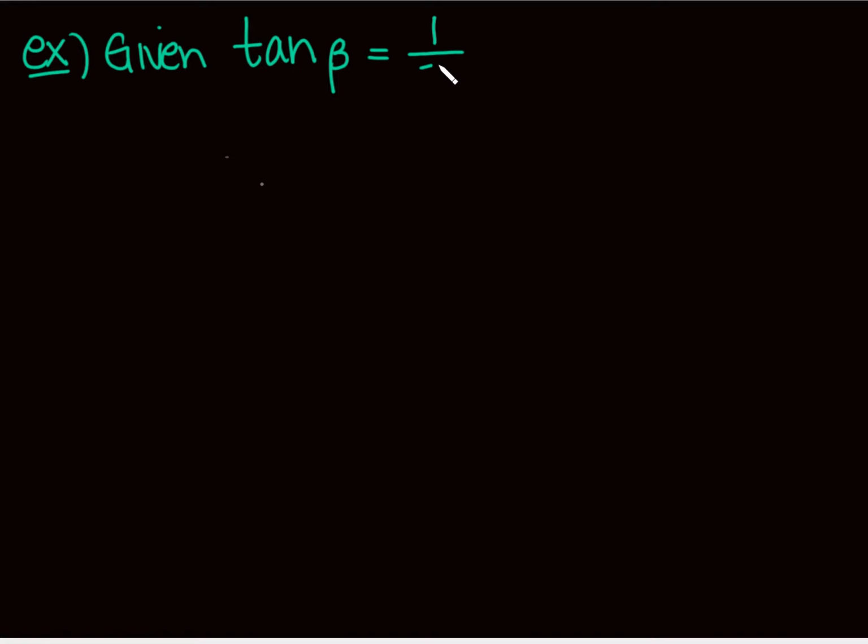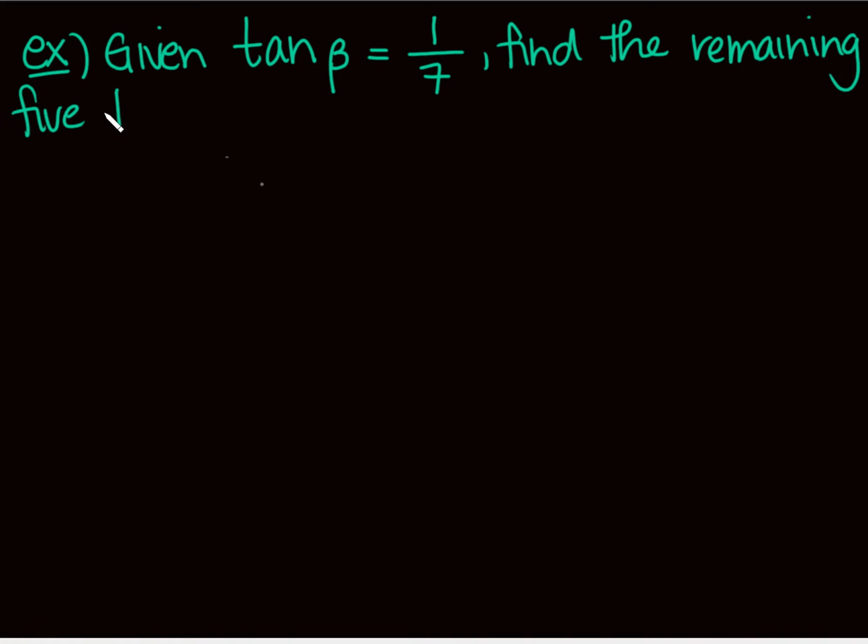Let's do 1 over 7. I don't know, this will be interesting. Given that the tangent of beta equals 1/7, again, beta is acute. Find the remaining 5 trig values of beta.